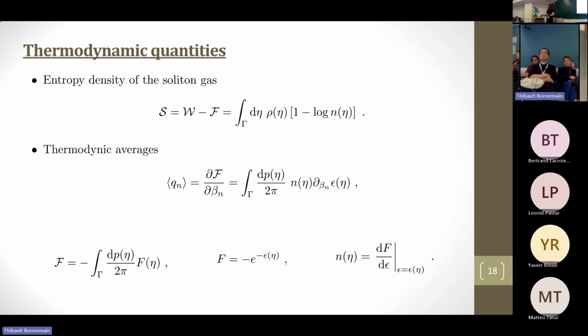To do so, let me first recall the expression for the free energy density in phase space, and the occupation function. As you can see from this relation, the subtle part here is how to obtain the beta derivative of the pseudo energy.